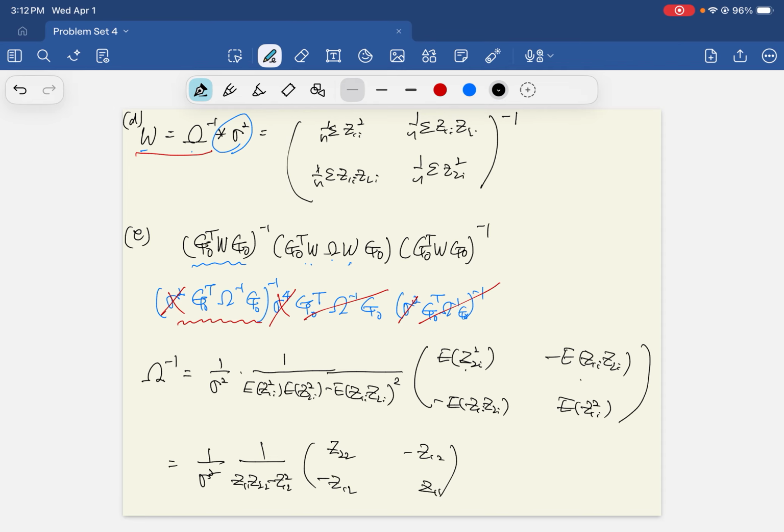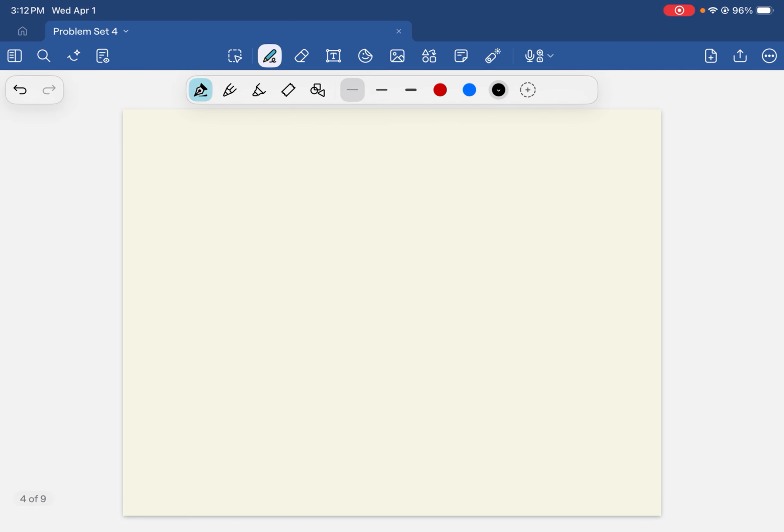That is what we are going to get. Now you have to multiply G0. G0 is, remember, expectation Z1i xi, expectation Z2i xi. Also, I will simplify this as just x1 and x2.